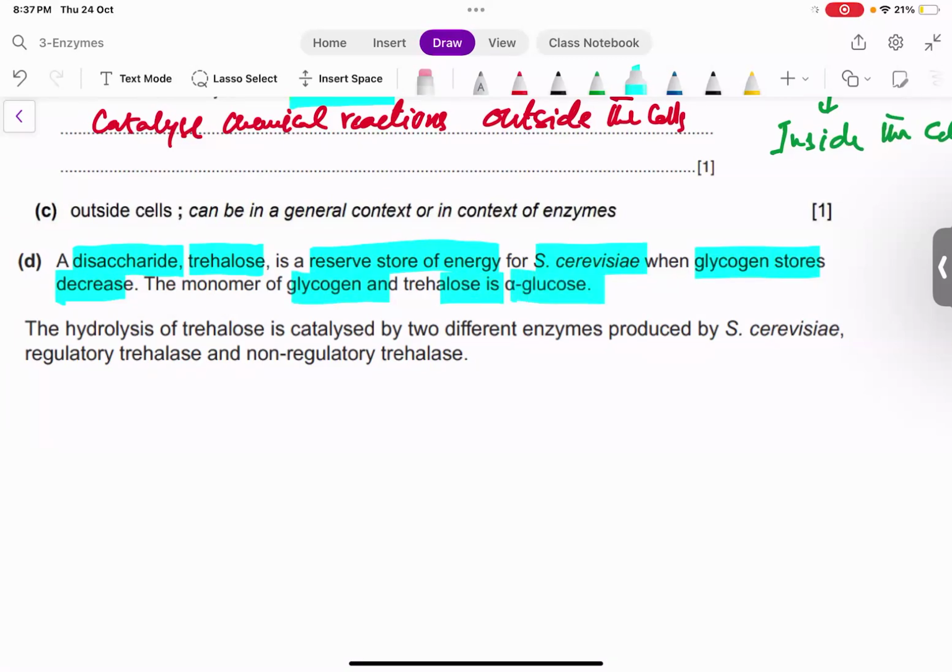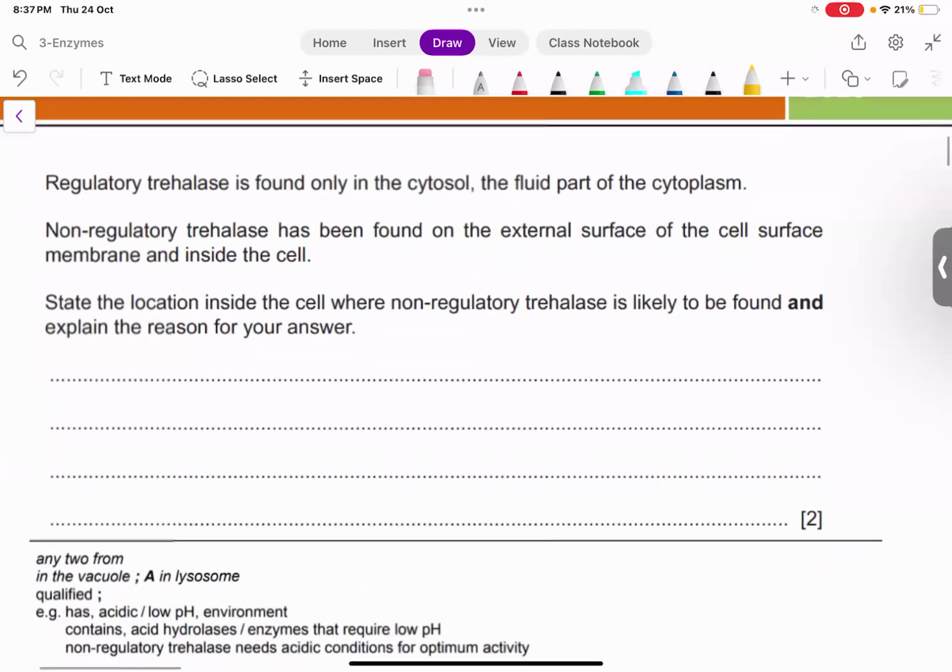We have discussed the structure of glycogen in the biological molecules, but the structure of trehalose is not in our syllabus. That information has been given in the question. The hydrolysis of trehalose is catalyzed by two different enzymes produced by this, regulatory trehalase and non-regulatory trehalase. So let's see what the question is on it.